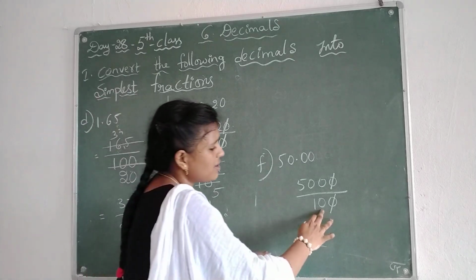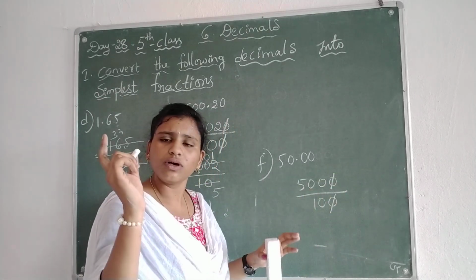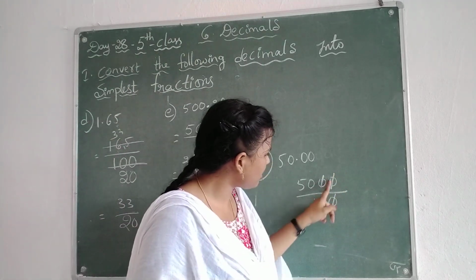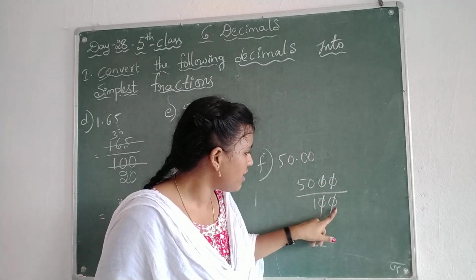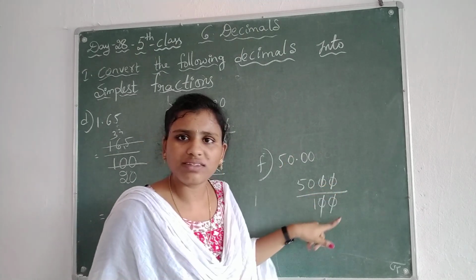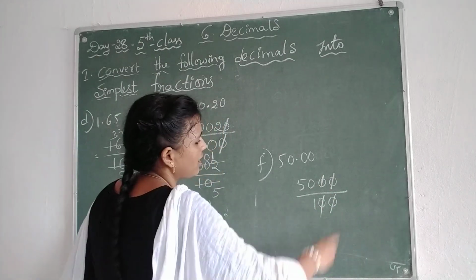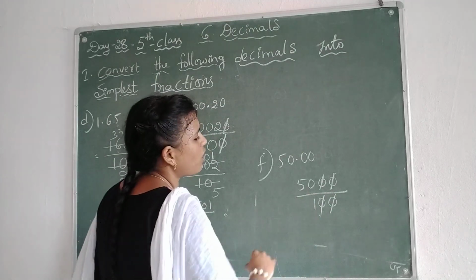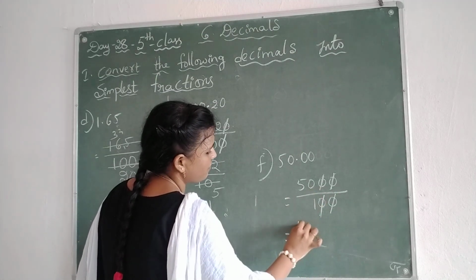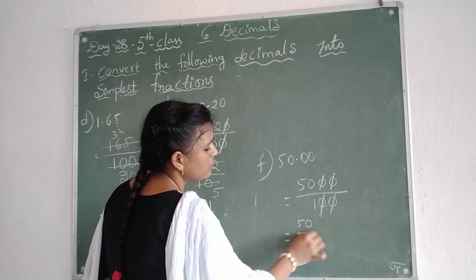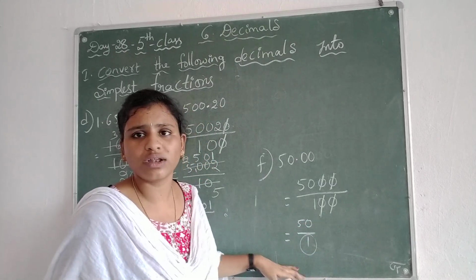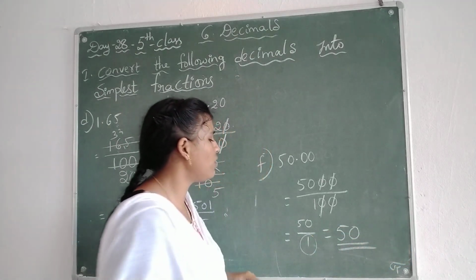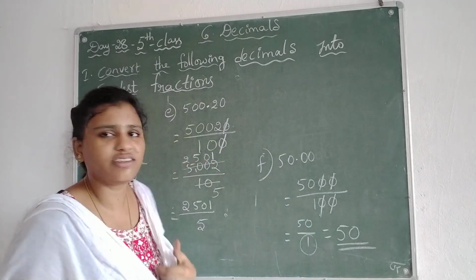And see here, the tens place also has zeros, so cancel it. We cancelled both the ones place and the tens place because the numerator and denominator both have zeros there. So what is the number remaining? Here 50 by 1. So the denominator is 1. If you have a denominator 1, we just consider it a whole number, 50. Understood children this one?